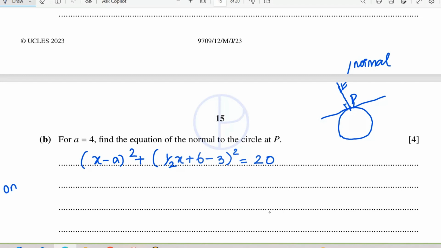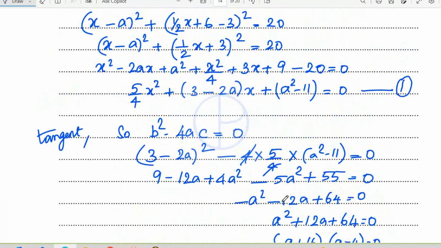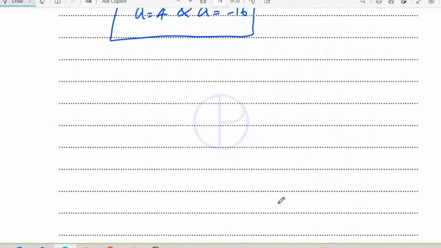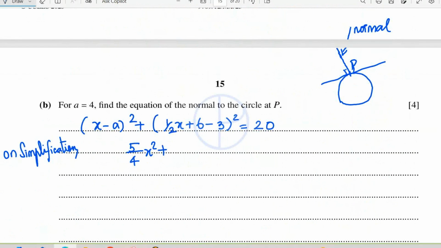On simplification, we get the expression 5 over 4 x square plus (3 minus a) multiplied by x plus a square minus 11 equal to 0. So here we are going to take the value of a as 4.